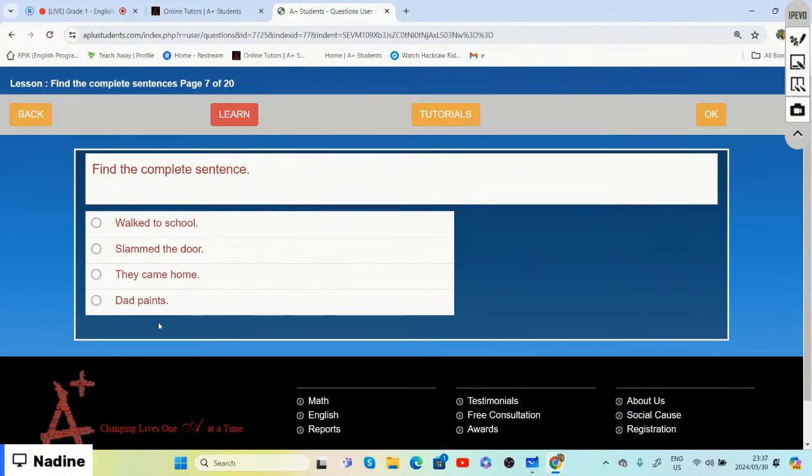All right, so if we were to select the correct one, right, the completed sentence, then we can choose dad paints, right? Because dad is our naming part.